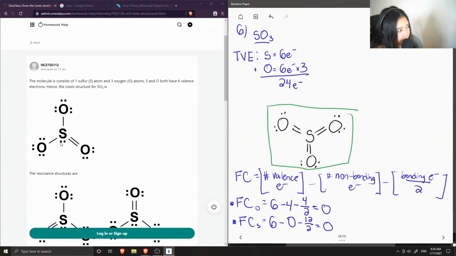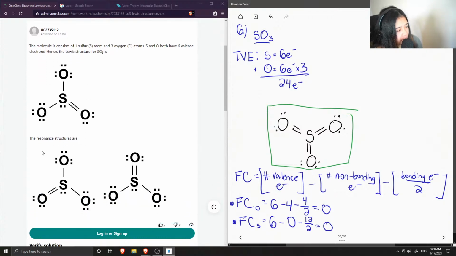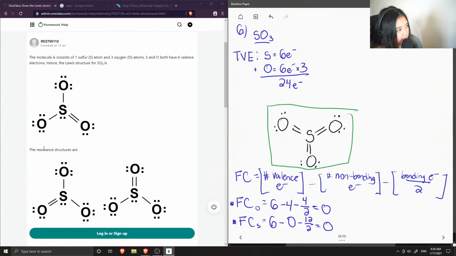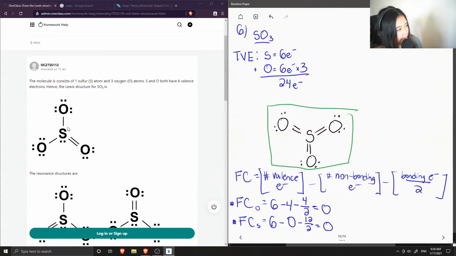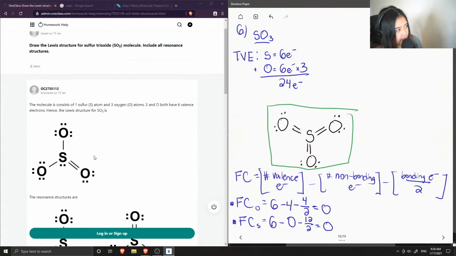So if you count out all of the electrons that the junior tutor showed, let me double check. You end up with 26 when we should only be having 24 valence electrons.